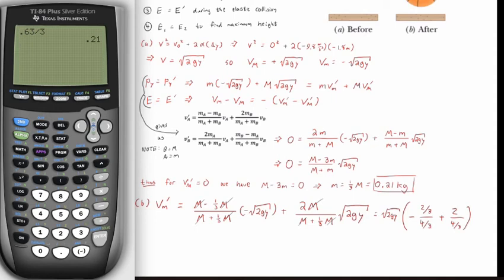So if we put that in the calculator, we have negative 2 divided by 3, divided by 4 divided by 3, plus 2 divided by 4/3.